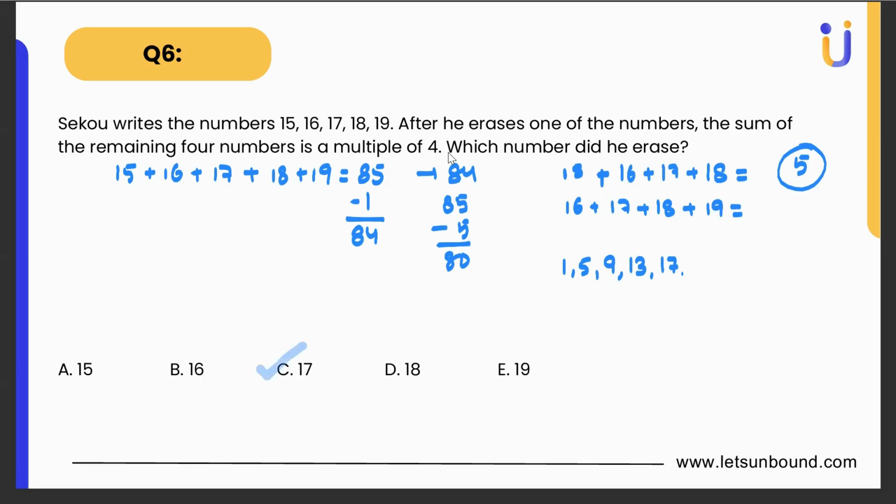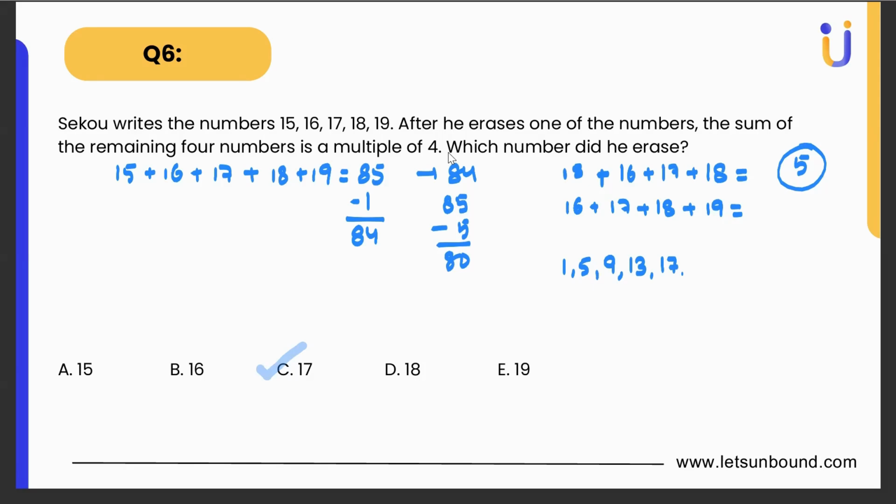Now, I could have gone by a longer method, but the idea was to look for a strategy. What is the strategy that you used? You added all the 5 numbers first and looked at the sum. The sum comes out to be 85. 85 is not a multiple of 4. How much less do I need from 85 so that I can get a multiple of 4? It is 1 less. What are the other numbers that will help me get a multiple of 4?